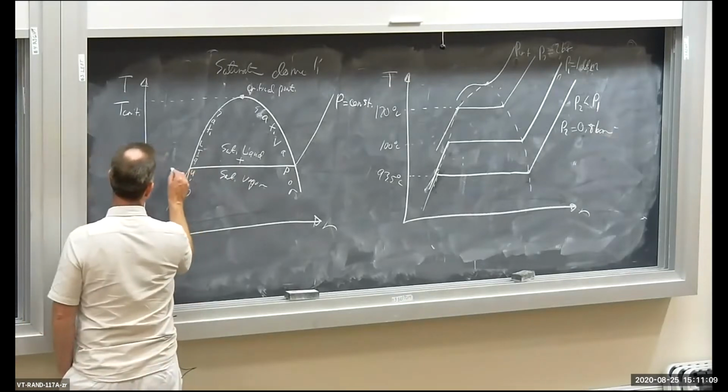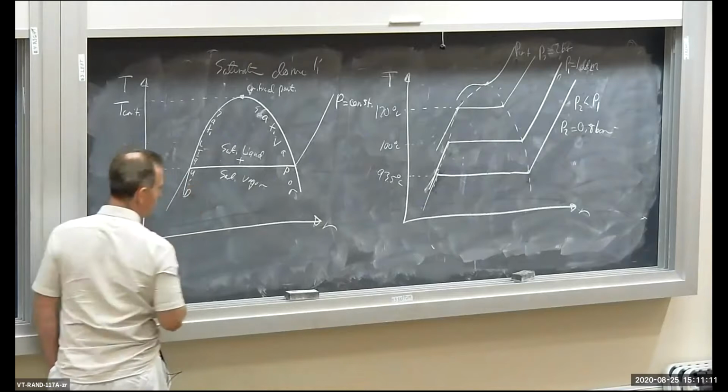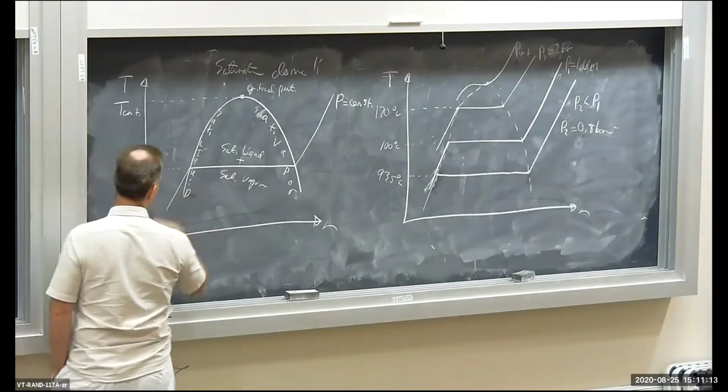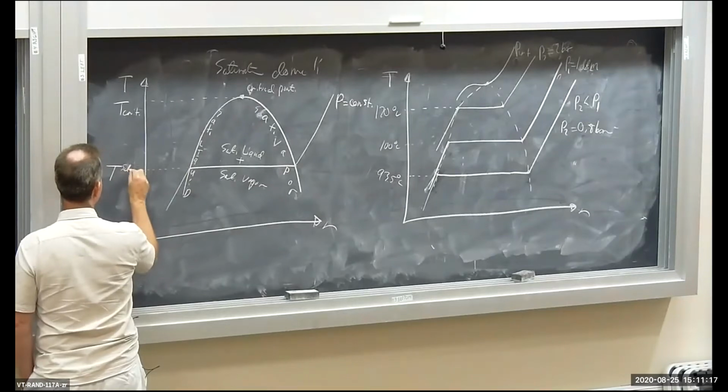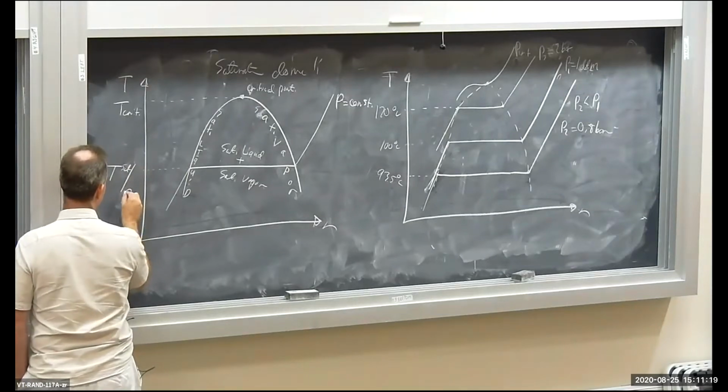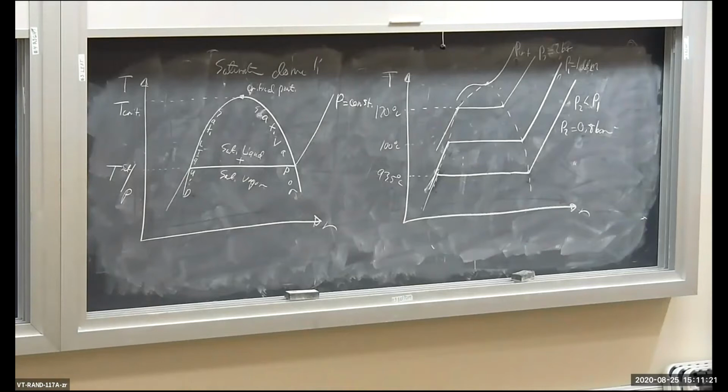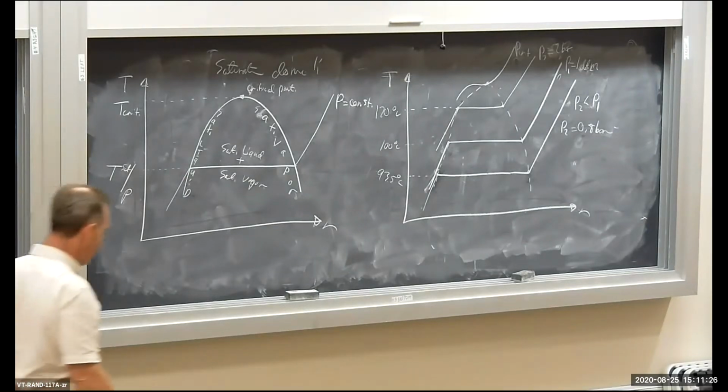The temperature here at the horizontal part inside the dome for the isobar is Tsat evaluated for the pressure P, the boiling temperature.